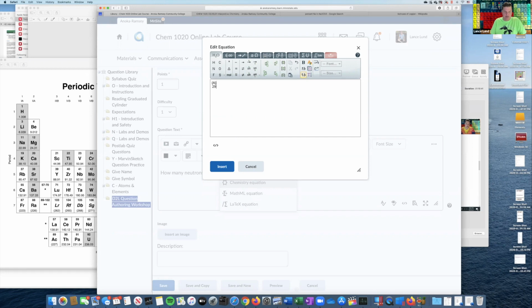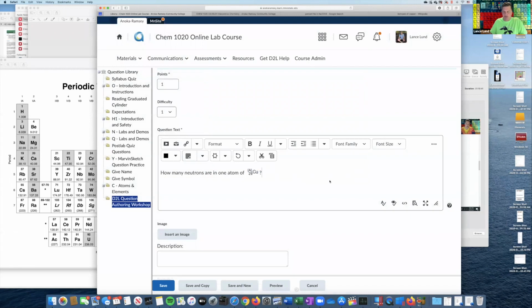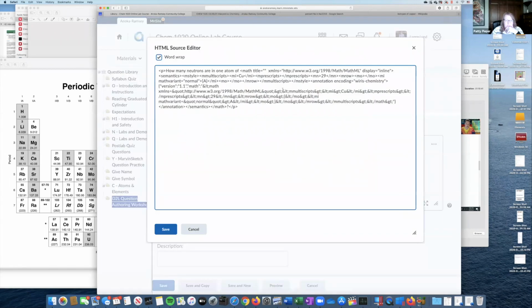Oh, that's treating it now as a math equation. So I'm going to cancel that. I'm probably going to do this in the HTML editor. Now, I'm sure there's a way to do it, so I'm going to change this from Cu to Zn. There's no way to fix that without having to go into HTML.